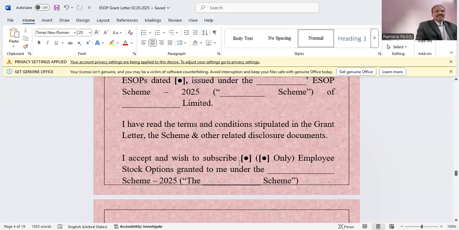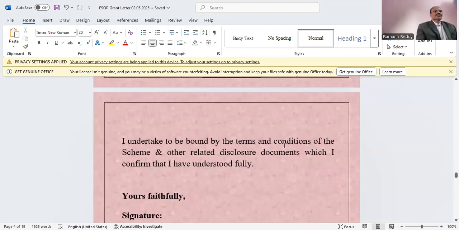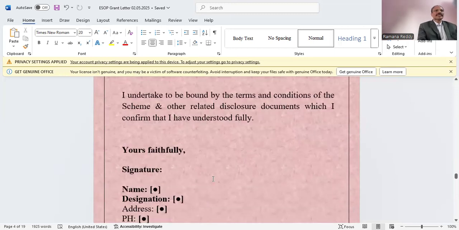Suppose your company has given 400, he may accept 400, or he may accept 200. This is his choice. So for the employee, this is an option, not mandatory. Granted to me under so-and-so scheme, he will fill the blanks, and I undertake to be bound by the terms and conditions of the scheme and other related disclosure documents, which I confirm that I have understood fully.